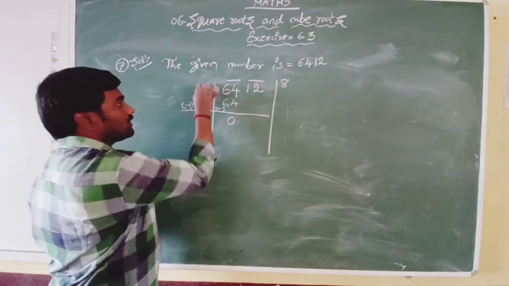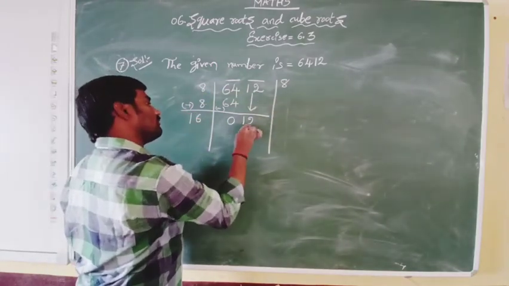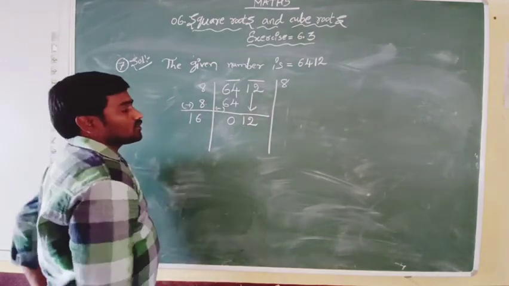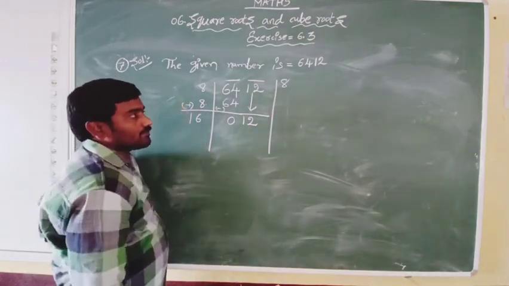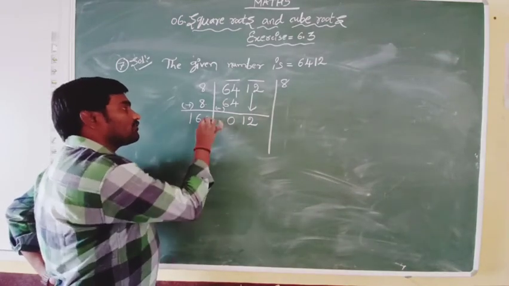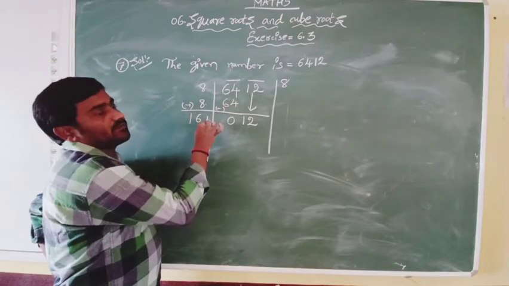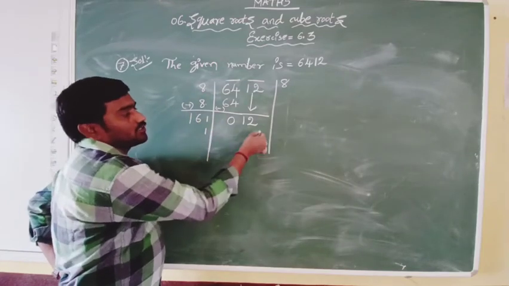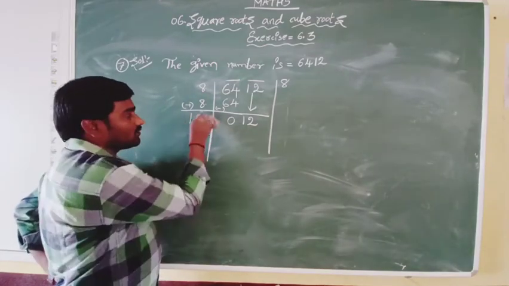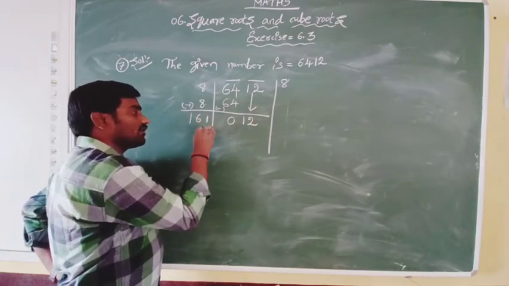So 0 we got. 8 plus 8 is 16, and here I got 12. However, 0 is not considered; we have to start from 1 only.